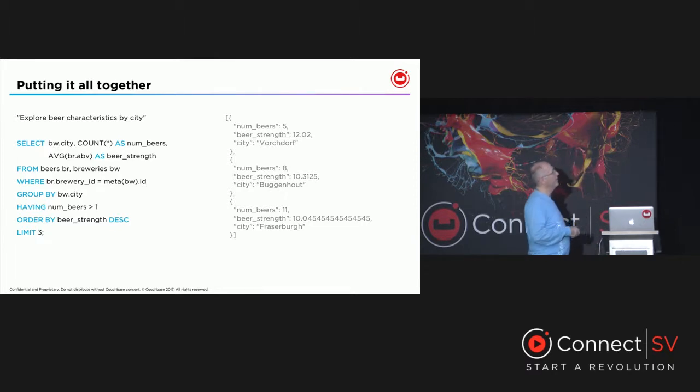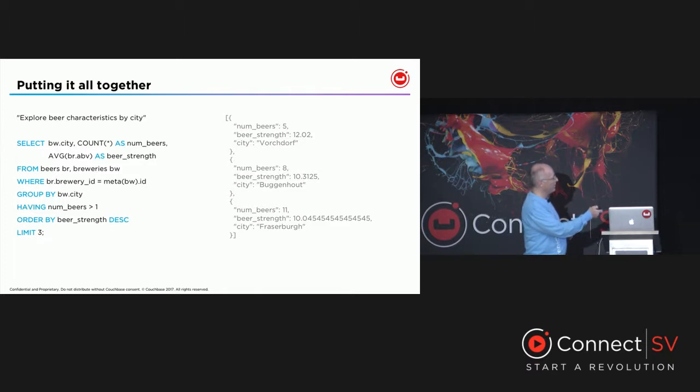Finally, putting it all together, a query that explores the beer characteristics by city. What I'm trying to get here is the number of beers that you have in a city, getting the city from the brewery, and you take the average of the beer strength to determine how strong kinds of beers people like in the city, and you take the strongest ones.